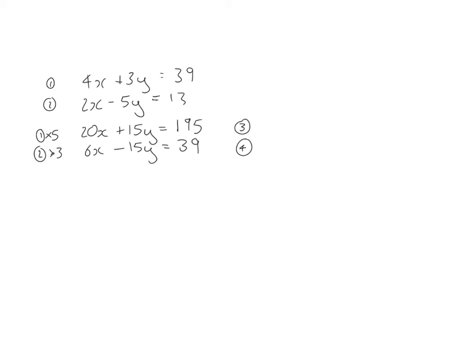What do you think I have to do to combine those two equations to get rid of the y's? And how am I going to cancel them out? Yes, add them together.